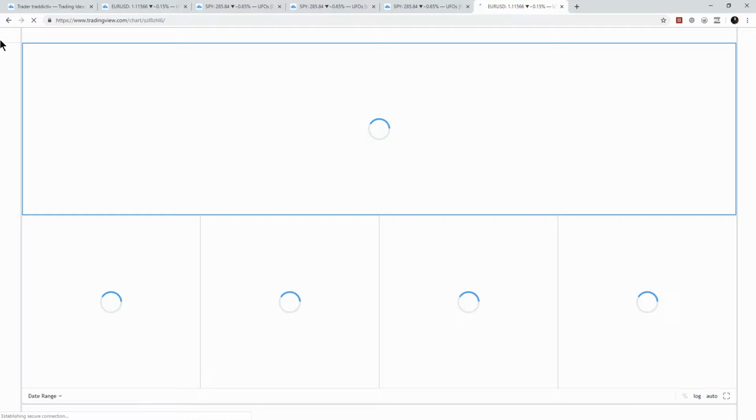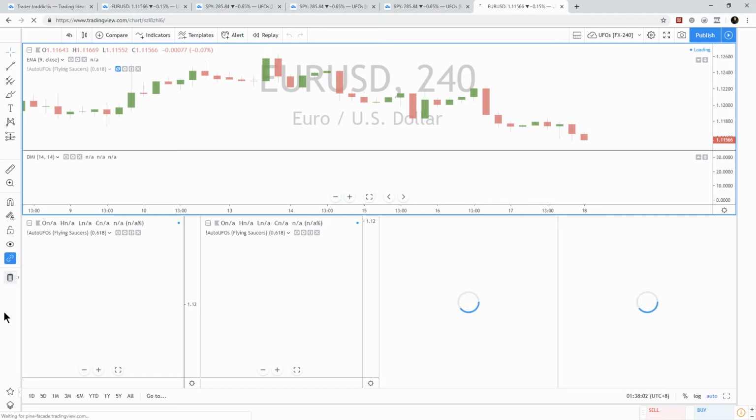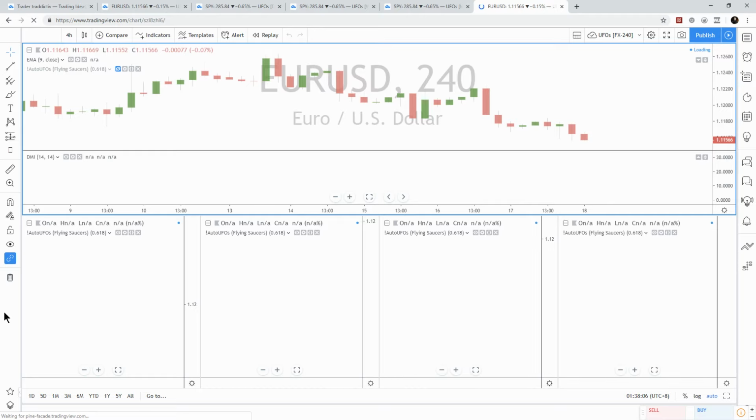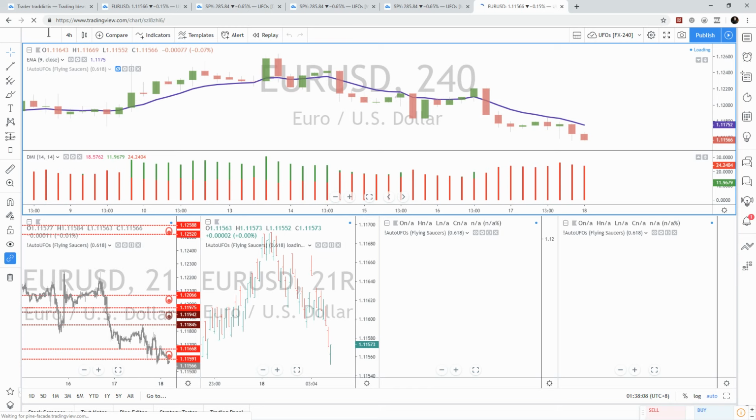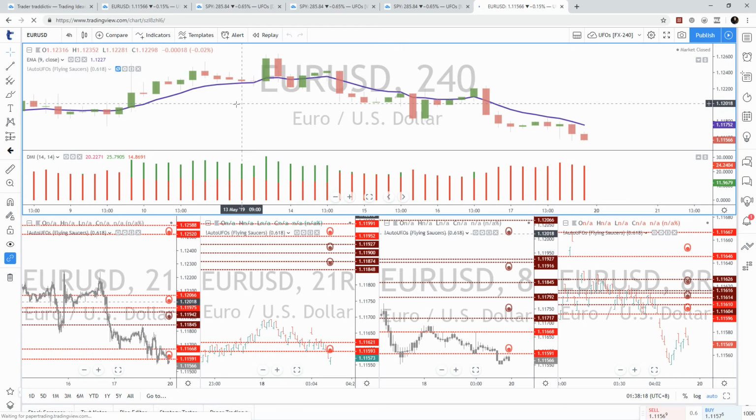With TradingView, you get access to all markets in the world. I've been using it for years and I'm still impressed. You want to trade Turkish stocks, you got Turkish stocks. You want to trade commodities, or compare the price of gold in India or the US. You have all markets. It's really impressive.